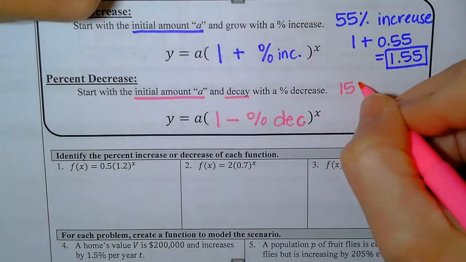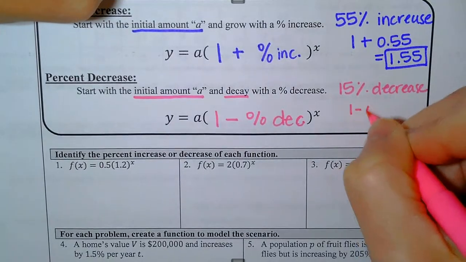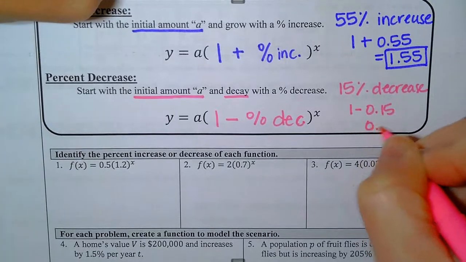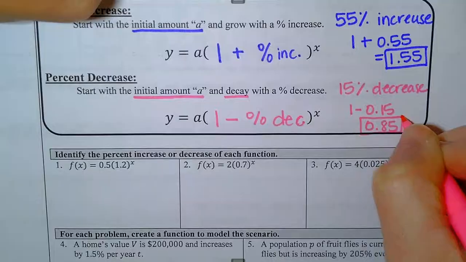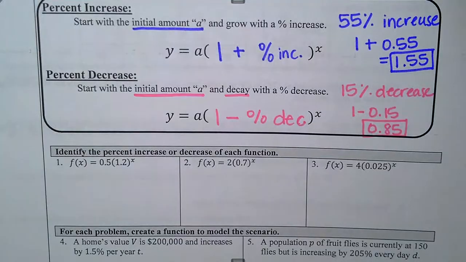If you had a 15% decrease, that'd be 1 minus 0.15, so that'd be 0.85. So I always say 1 is your baseline. 100% of your money, whatever, is a 1. If it's above that, you're increasing. If it's below that, you're decreasing.